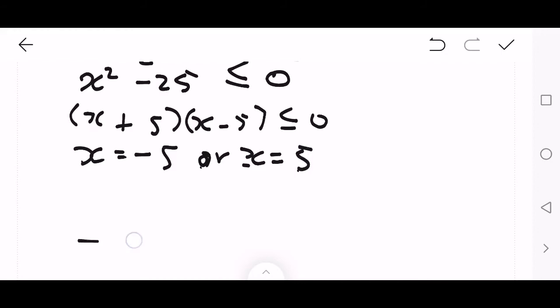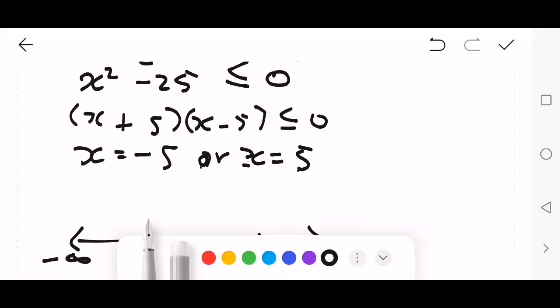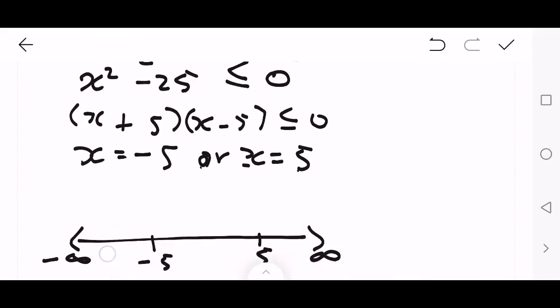So now we need to draw a number line, minus infinity to infinity, and we have a negative 5 and we have a 5. So again we need to get numbers from the negative side, numbers less than negative 5, and we'll substitute them, so we can use a minus 6.